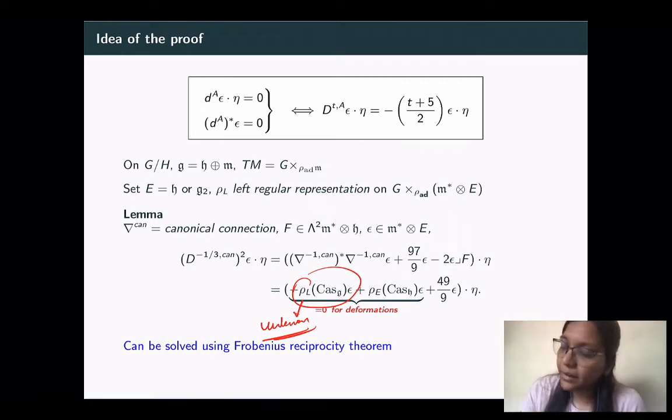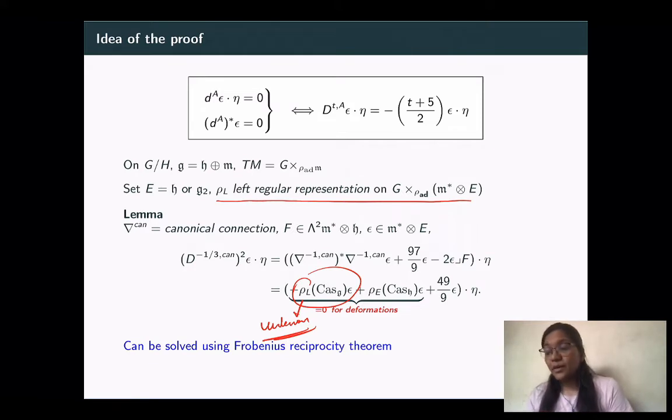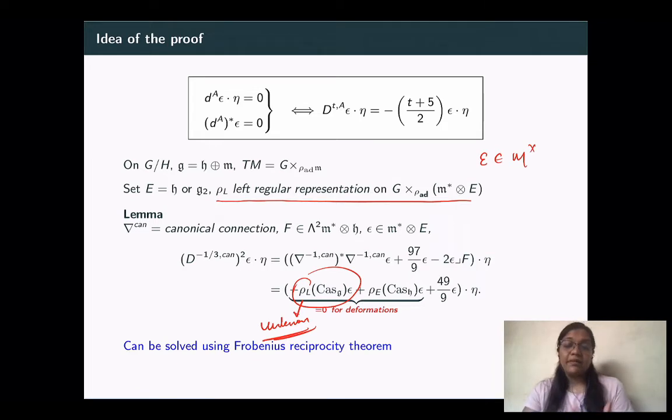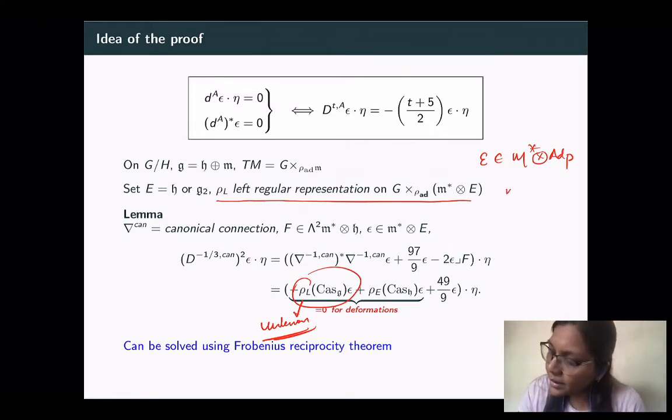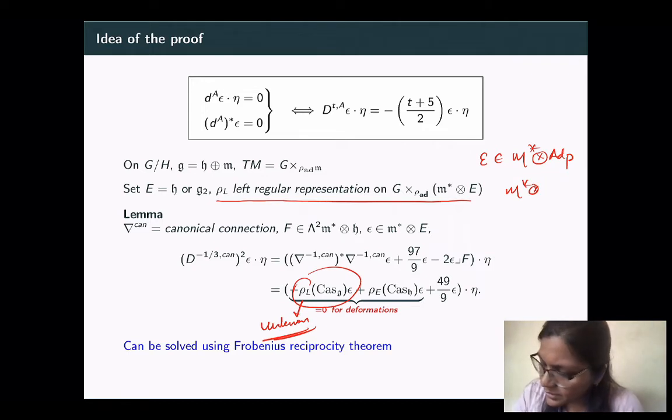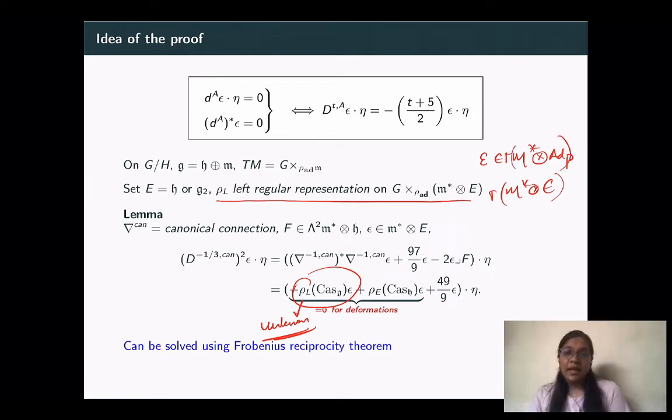And why is that the same as finding the infinitesimal deformations? Because the infinitesimal deformation epsilon is an at p valued one form. So it's an M star tensor at p, which in this case is just M star tensor H. Basically, M star tensor E, not just H. So it's a section of this, and the sections of this we can write as a left regular representation.